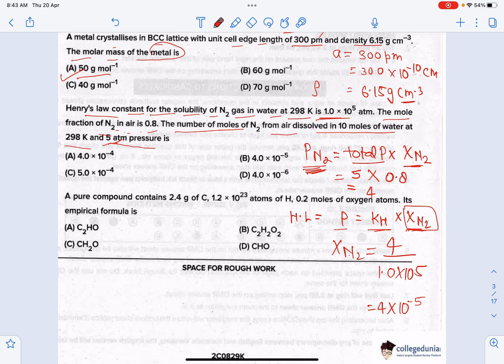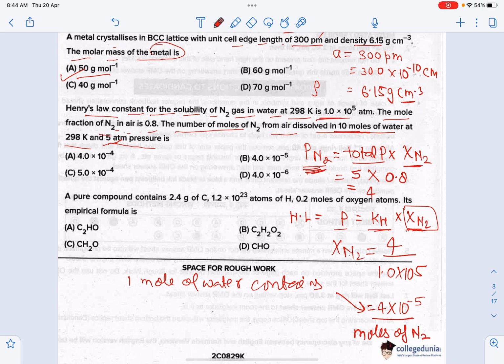Now, as you know from the question, 1 mole of water contains this 4 × 10^-5 moles of nitrogen. Then how many moles will 10 moles of water contain?